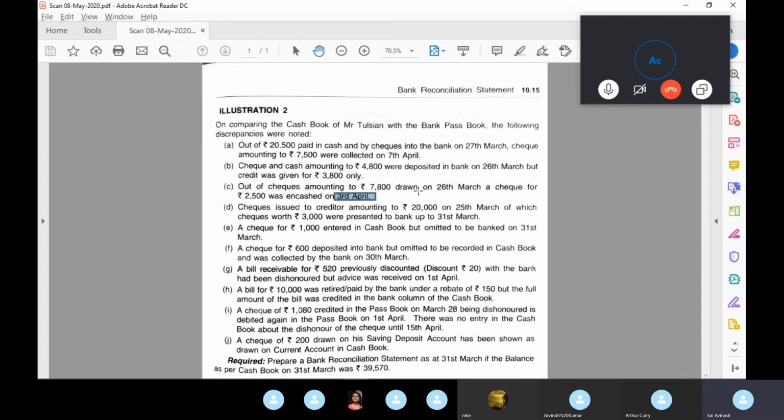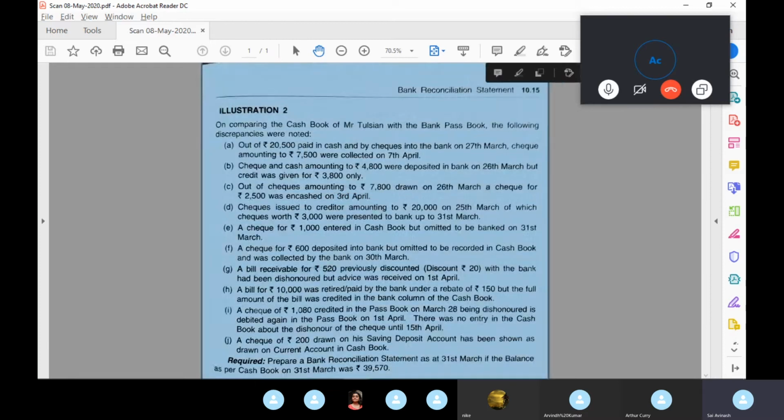I would have reduced my cash book value because I've given checks worth 7,800. But the bank could have reduced only by 7,800 minus 2,500, which is around 5,300. The balance 2,500, the bank could not have paid anybody because nobody has asked for it yet. So that's something we understand.